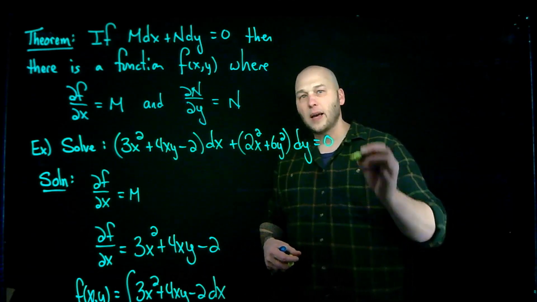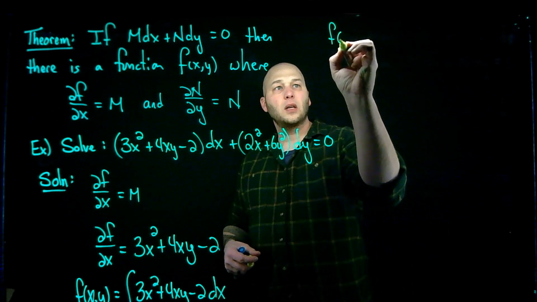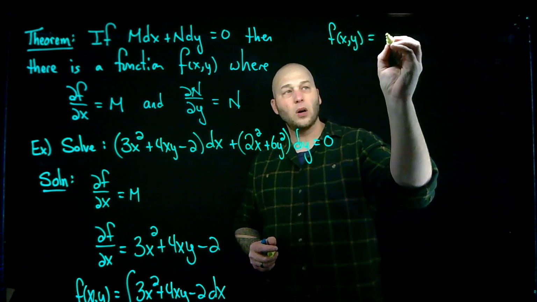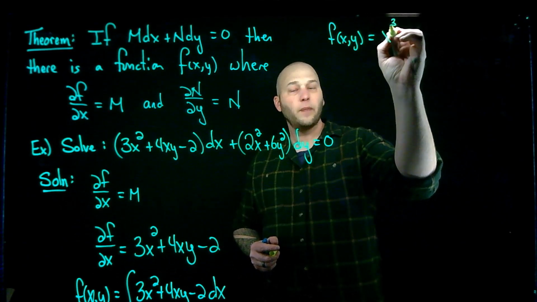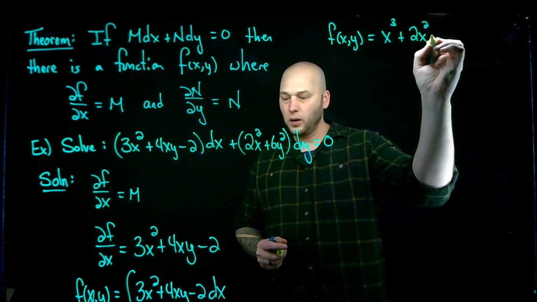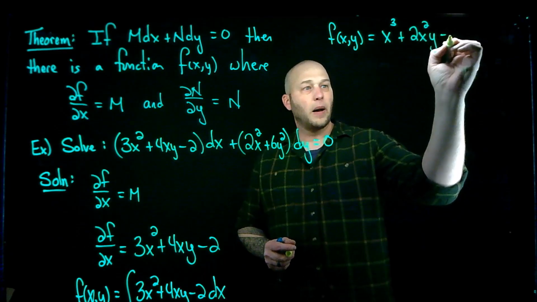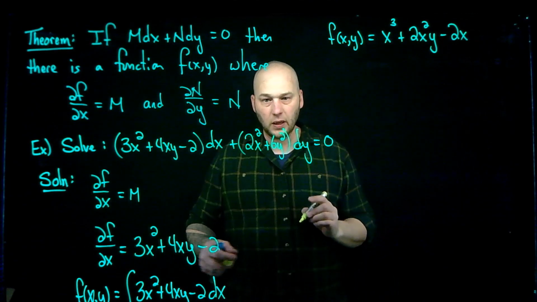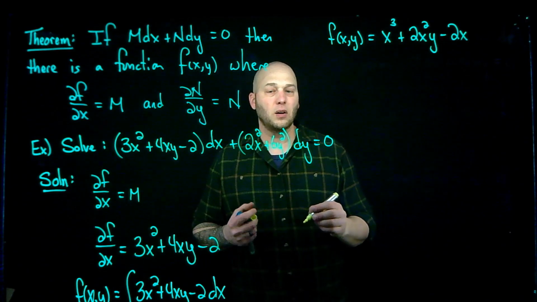Antiderivative with respect to x, I find that the function f that I'm looking for has the following terms. x to the third plus 2x squared y minus 2x. And then since this is an indefinite integral, there's going to be a constant of integration.